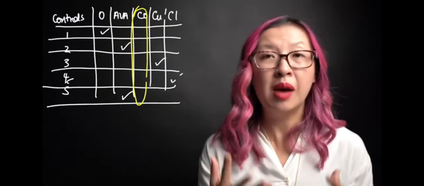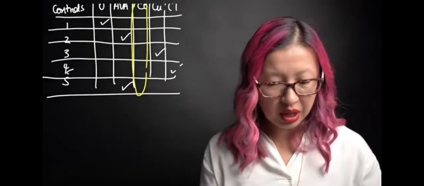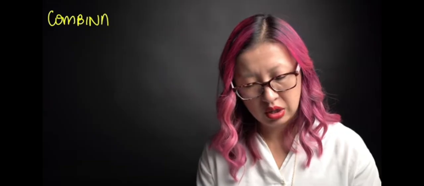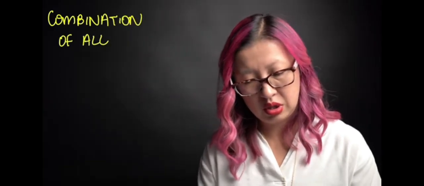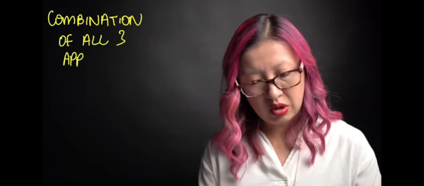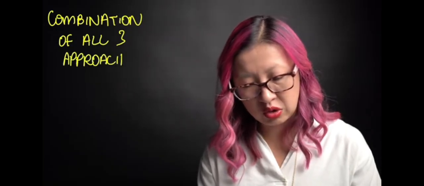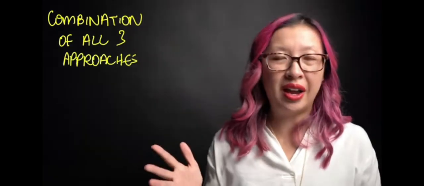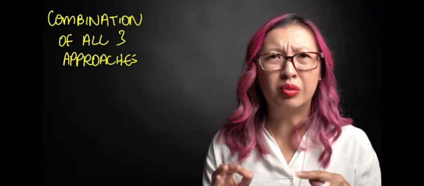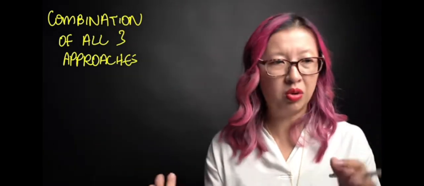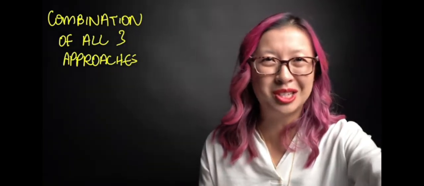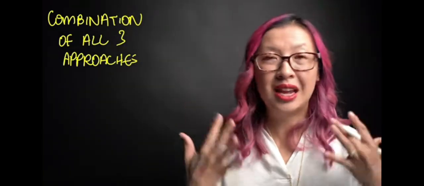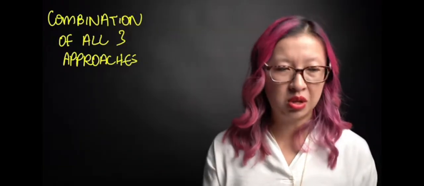Now, what happens in practice is that we will likely use a combination of all three approaches. All right, so as you're reviewing the internal controls, you'll identify the things that are just really like, oh, yeah, there should be a control there, or hey, I see that the password to the banking is written on a post-it note on someone's computer. So you'll see that first option, oh, look, I clearly see something is wrong.